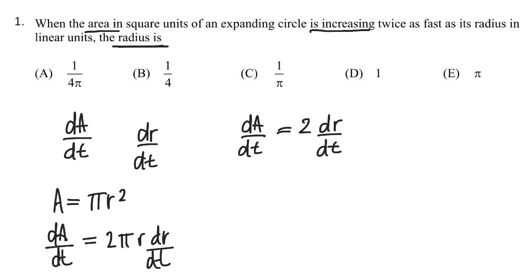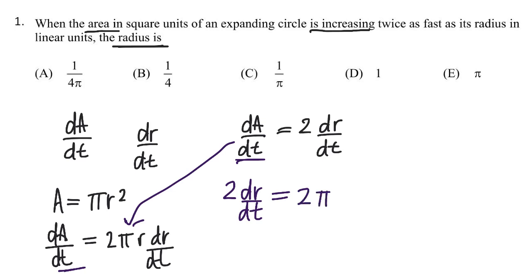I could change dA dt with what it's equal to down here, and so that's going to give me 2 dr dt equals, and again I'm changing that out with what it's equal to down here. Let's see, 2 dr dt is equal to 2 pi r dr dt.